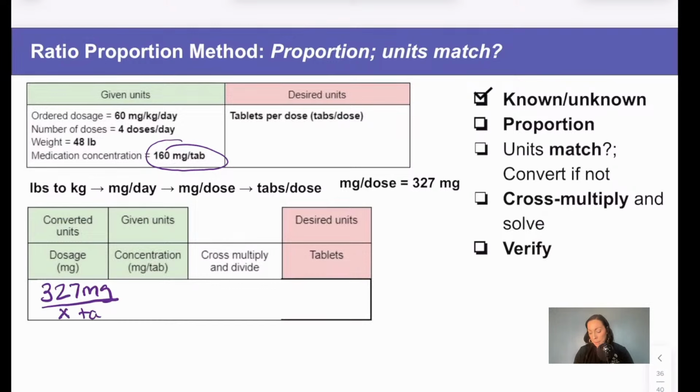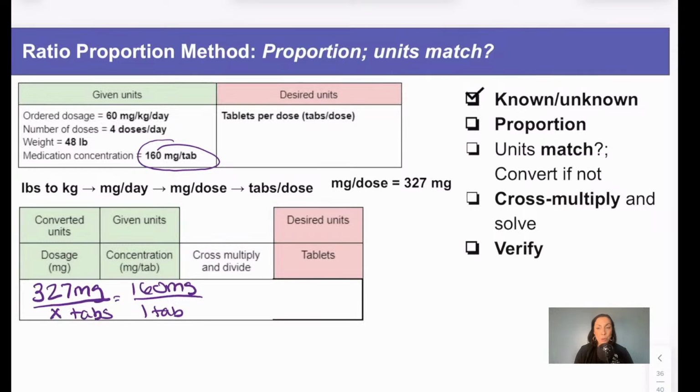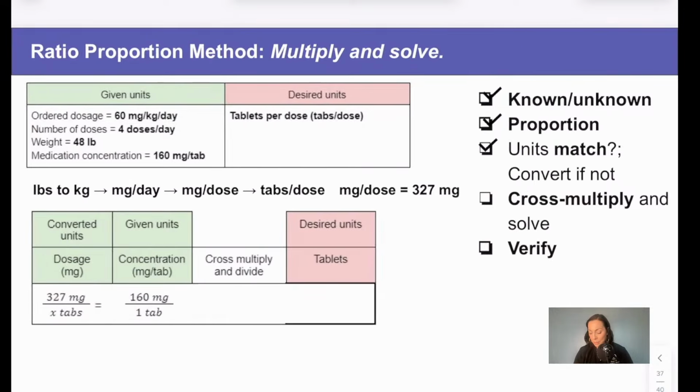We want to know how many tablets we're going to be giving to get that 327 milligrams. And then we are going to take what we know, this 160 milligrams per tablet. So 160 milligrams on the top per 1 tablet. So we have our milligrams on the top and we have our tablets on the bottom. Our units match, so we can go ahead and do our cross multiplication here.